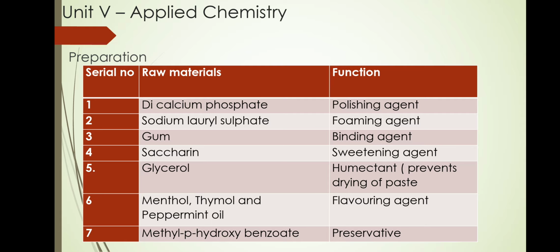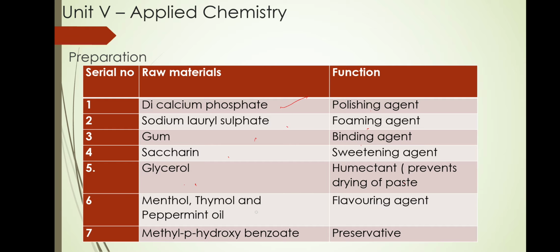Again, the raw materials: dicalcium phosphate is the polishing agent, sodium lauryl sulfate is the foaming agent, which we used in shampoo. Then some gum as a binding agent to keep everything together, saccharin as the sweetening agent, glycerol as humectant, so that even if the paste stays a long time it should not dry; for that we use glycerol.